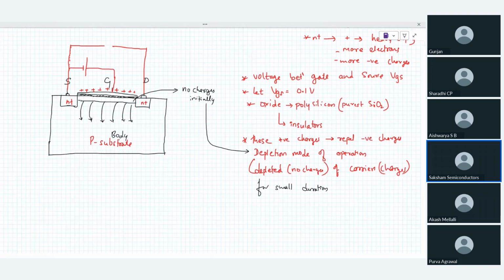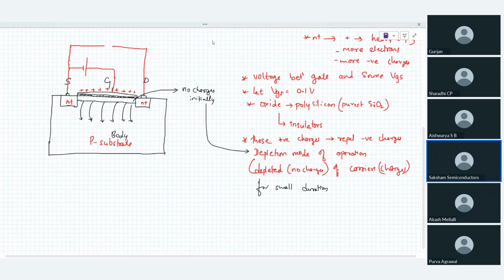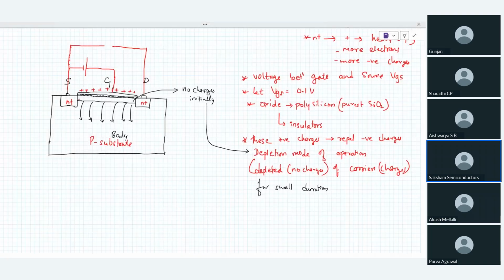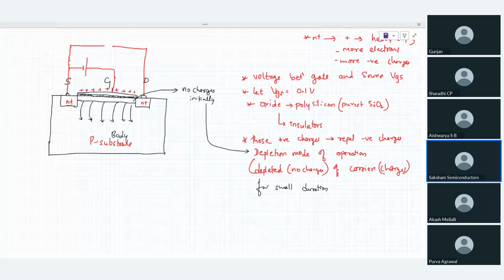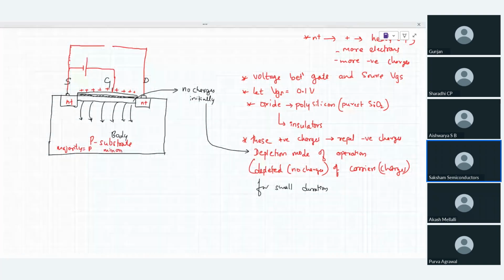In the meantime, immediately, it is also going to attract the negative charges, isn't it? Because there were these positive charges, and the very basic nature of these positive charges is to attract the negative charges. And where do you think the negative charges are being attracted from? You could see over here, this P substrate, what are the majority carriers? They are P. And what are your minority carriers?